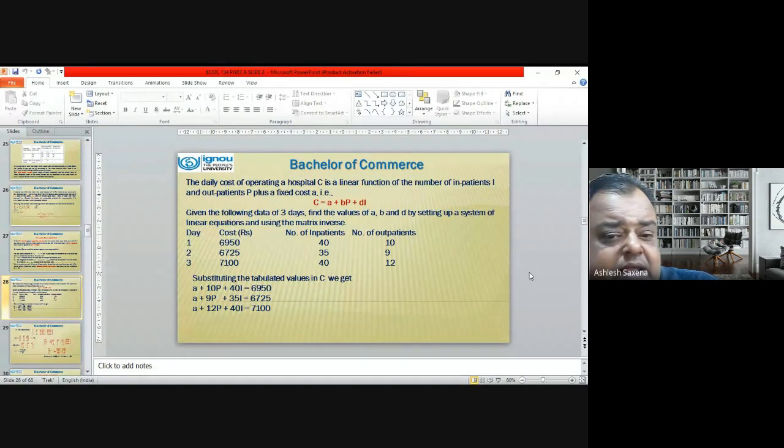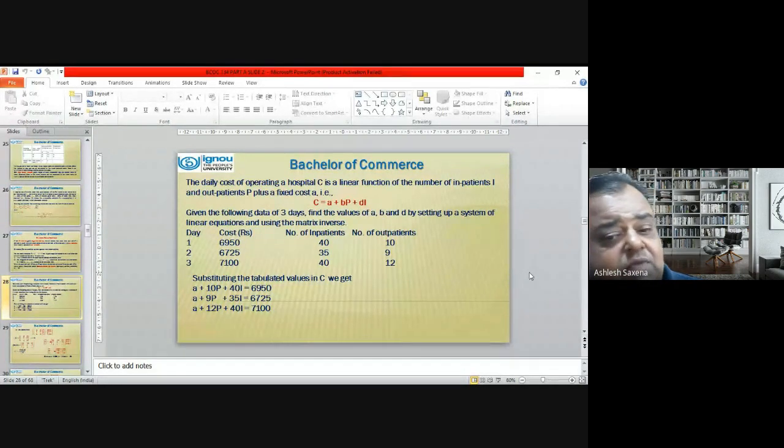We are having data for 3 days. We have to find the values of A, B, D, these are the constants, by setting up a system of linear equations and using the matrix inverse.